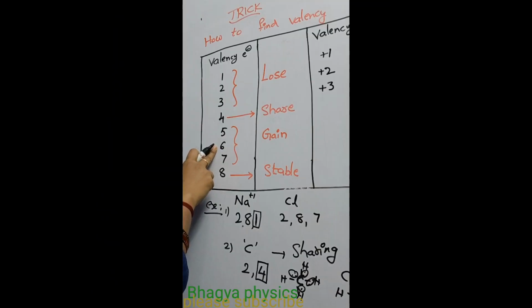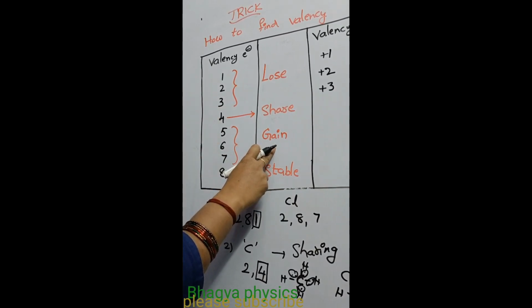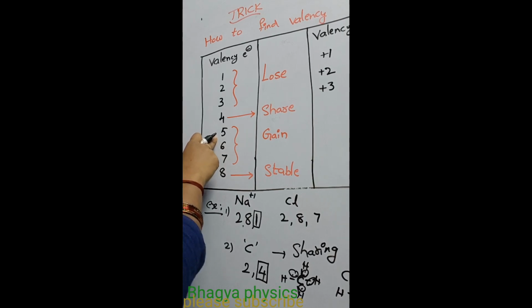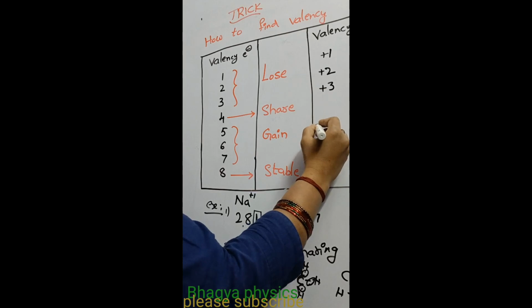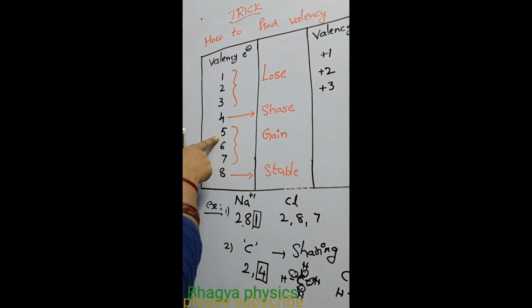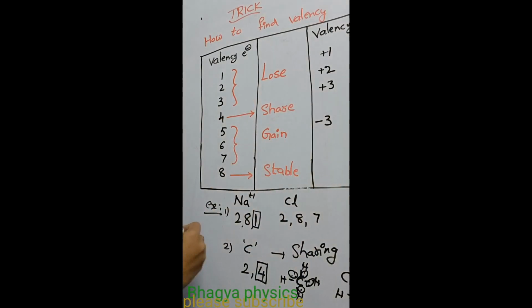Then atoms which contain 5, 6, or 7 valency electrons always gain electrons, because it is not easy to lose 5 electrons. So instead of losing those 5 electrons, the atom can easily gain 3 electrons. That is why, if any atom has 5 valency electrons, then the valency is -3 to get an octet.